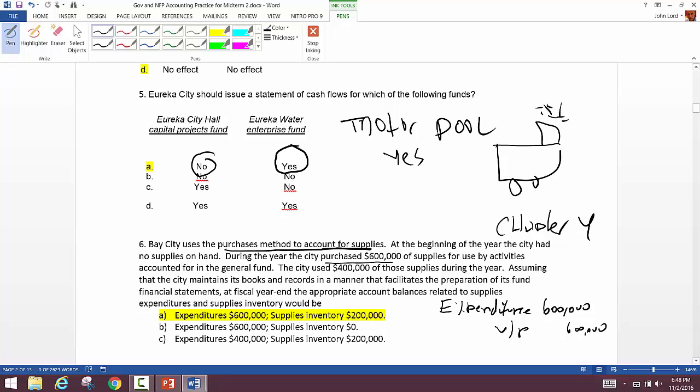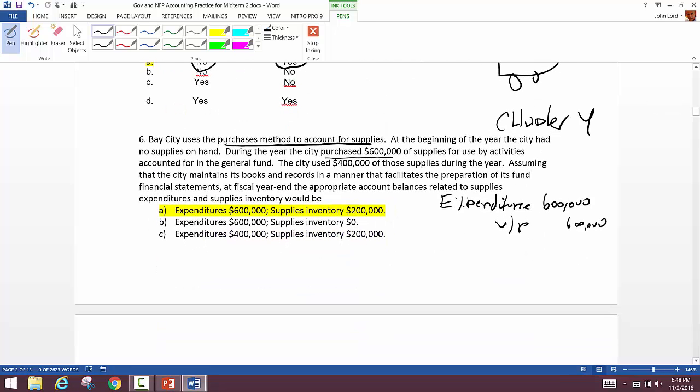And then when the city uses that $400,000, what do we do? As they use it, there's no entry, right? Good job.